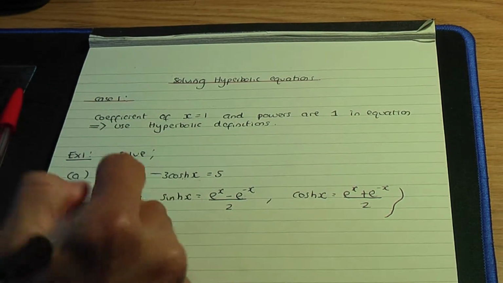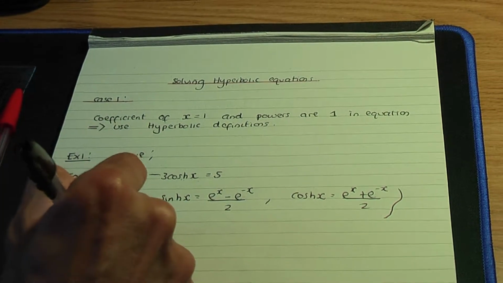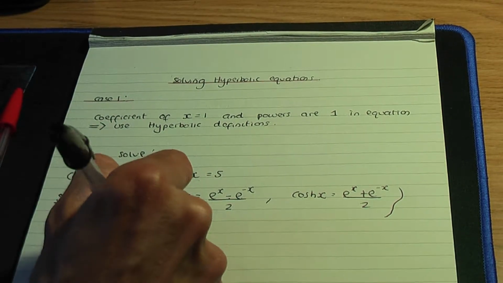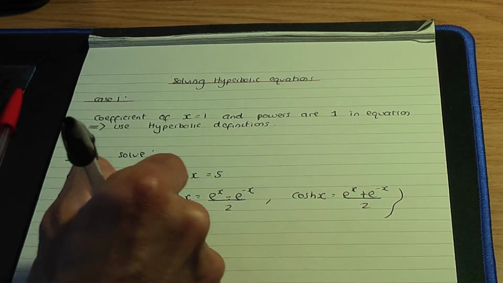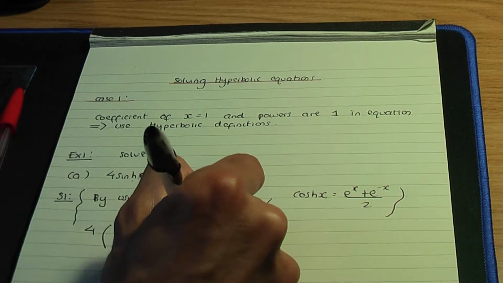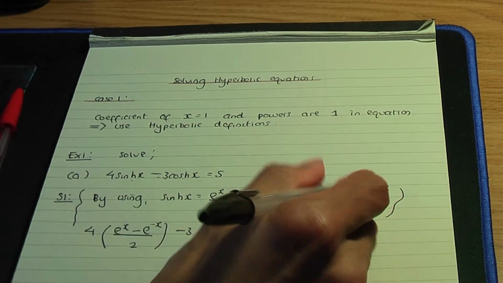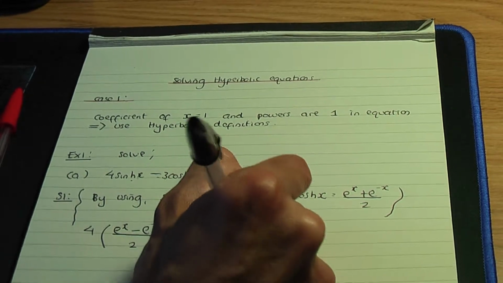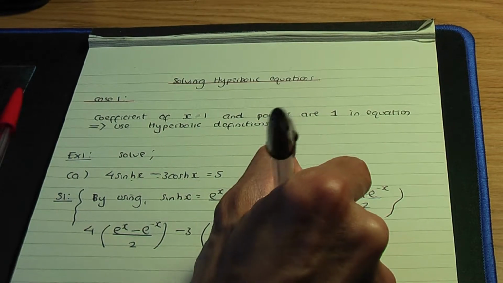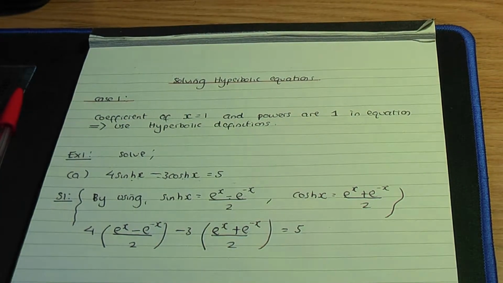So if we replace in our equation, we'll have 4 hyperbolic sine, which has the definition e to the x minus e to the minus x over 2, minus 3 hyperbolic cos, which has the definition e to the x plus e to the minus x over 2, which equates to 5 on the right hand side.